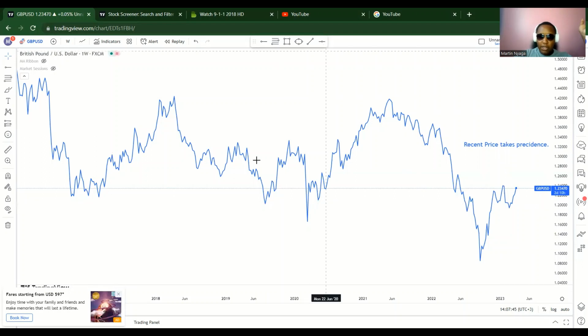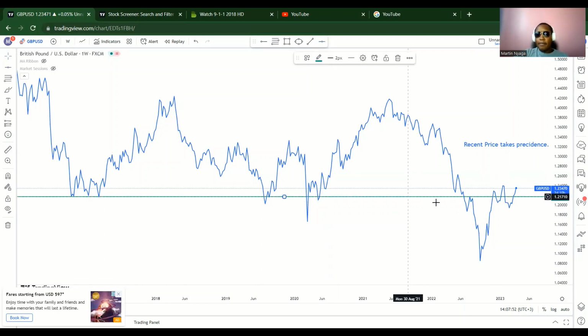So let's take our tool. This point averages the most recent price. This point was repeated here, here, here, here.